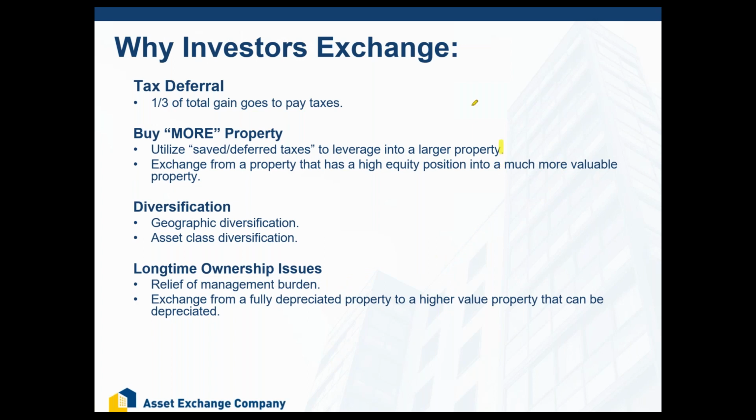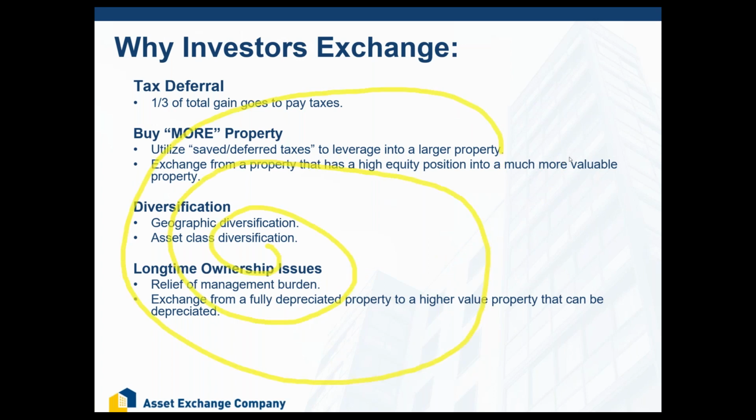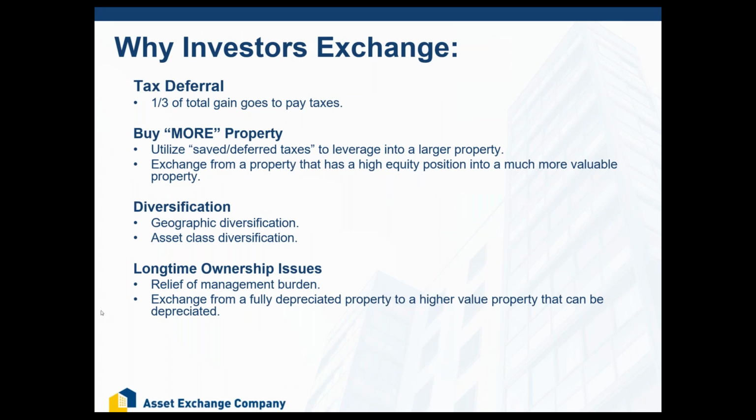So think about these reasons, ladies and gentlemen. These are reasons why people do exchanges, and what I want you to do during this quarantine, shelter at home, stay in place kind of time is go through your Rolodex and think about people who you can have conversations with about 1031 exchanges, who might want to buy more property, who might need to diversify, who might need to make their life easier.